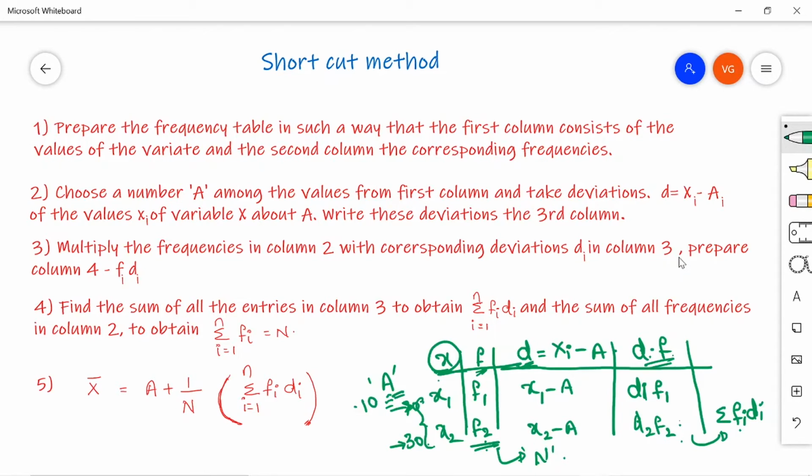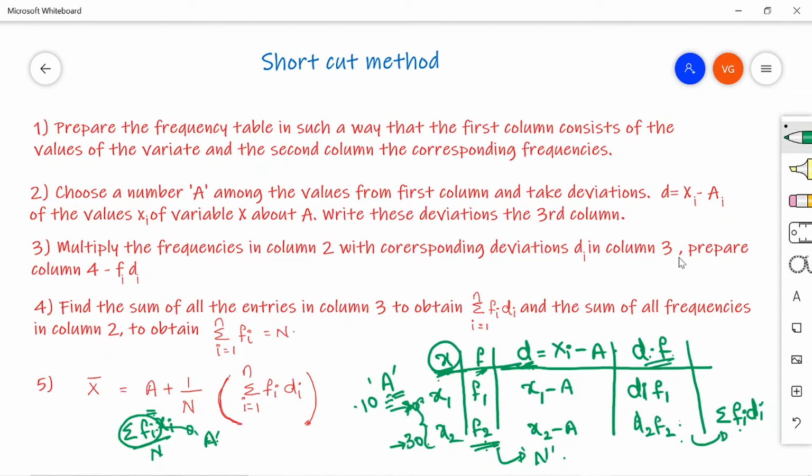So what is that? Previously in the direct method, we calculated sigma fi xi divided by n. But here I have subtracted the value of a, so I have included that a here. As I have subtracted a from the value of x, I am calling it d. So instead of fi xi, I am writing fi di, right? One more time I am going to explain.